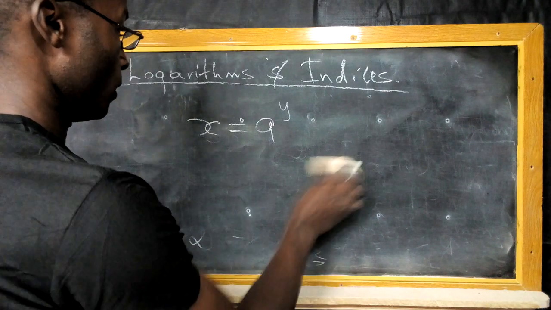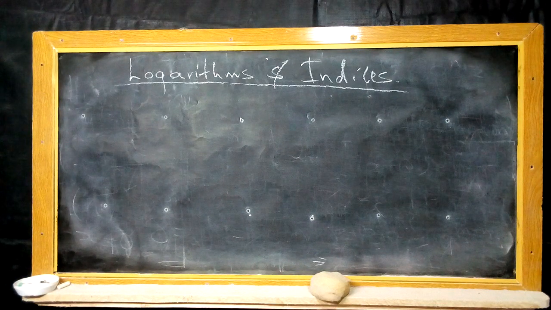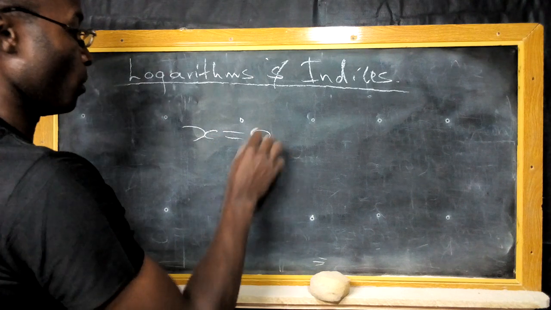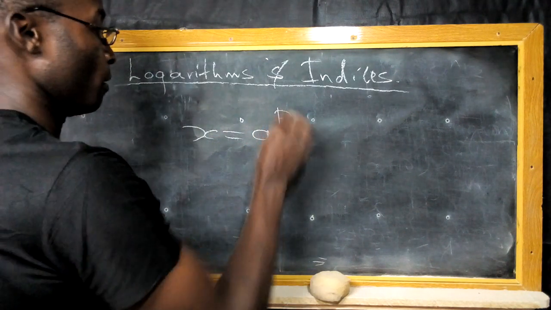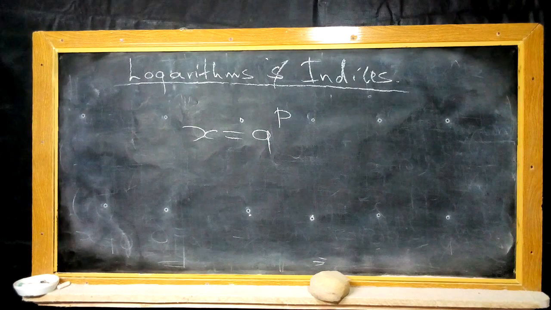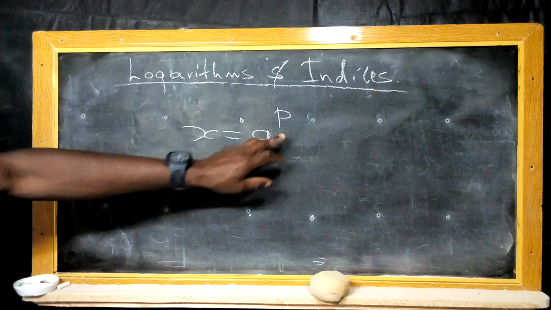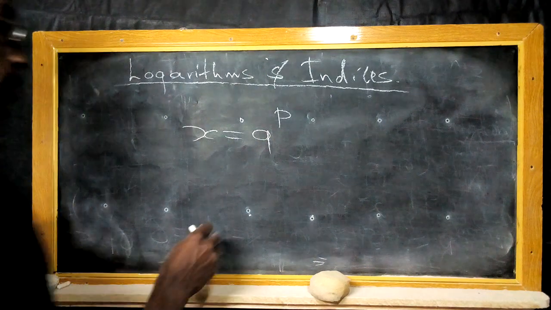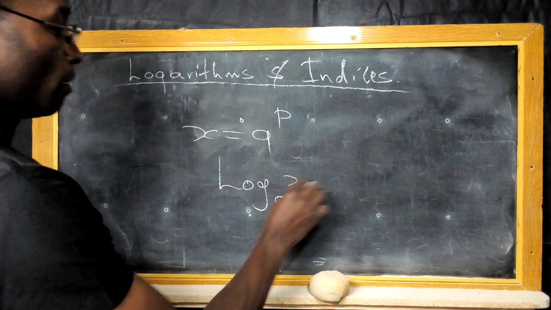Let's try to look at this, and produce another expression. We have given x equals a to the power of b. As we have said, this particular exponent is the one that gives the answer for a logarithmic expression. So we are going to have it represented as log to the base of a of x is equal to b.